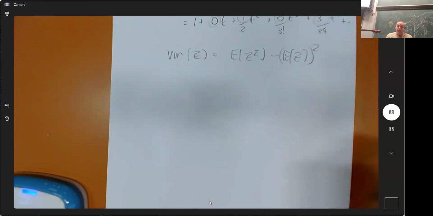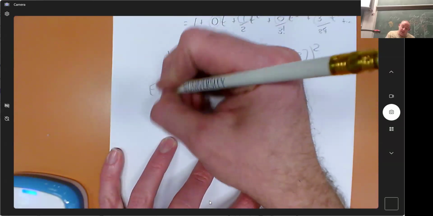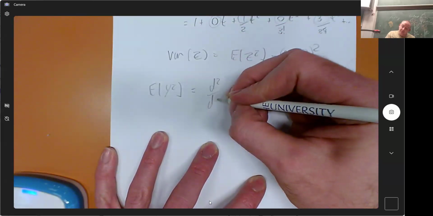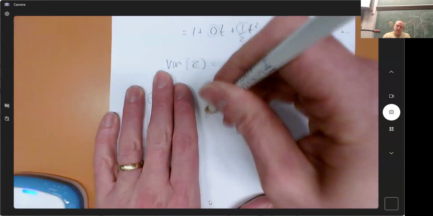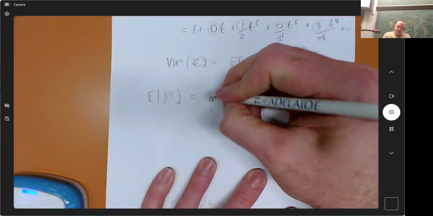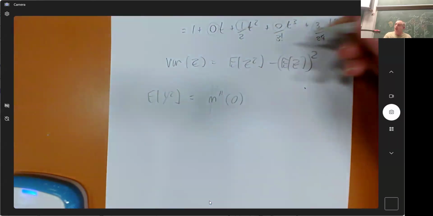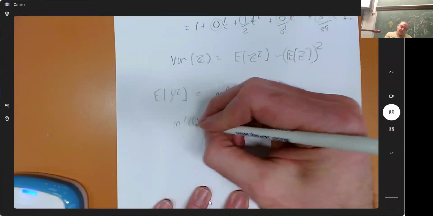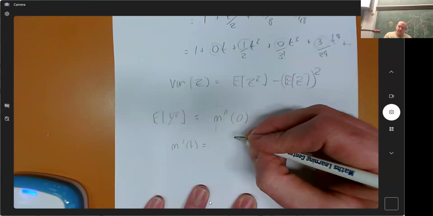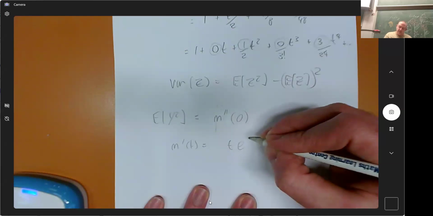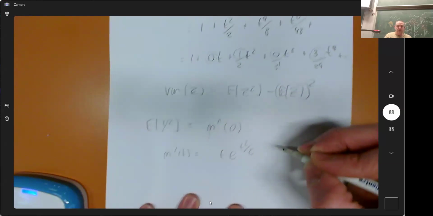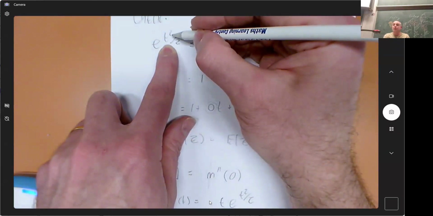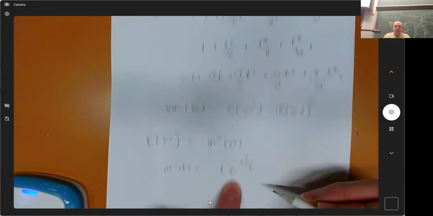So just to be absolutely clear, the expected value of y squared should be the second derivative of this. Should be m double dash 0, right? So m dashed of t is t e to the t squared on 2, because keep this the same and then times by the derivative of that, which is just 2t divided by 2.